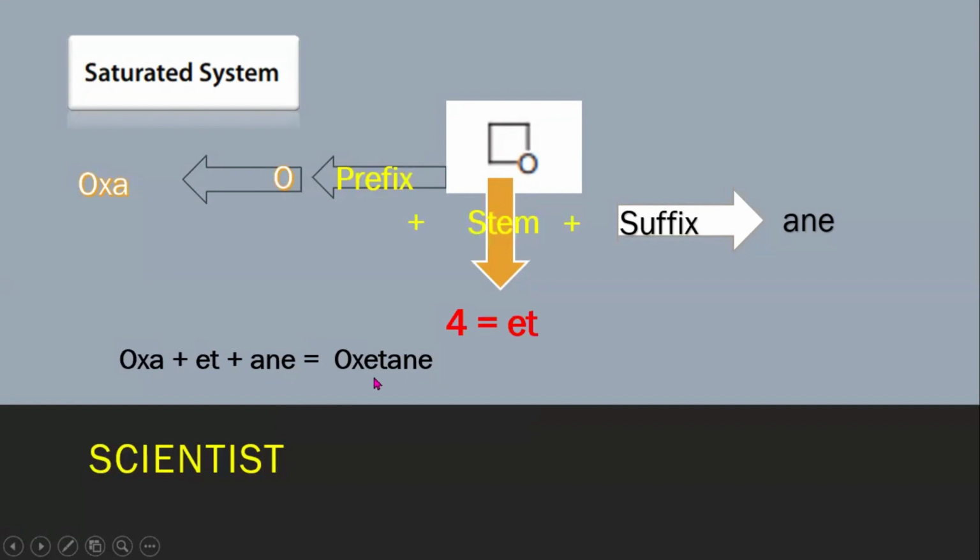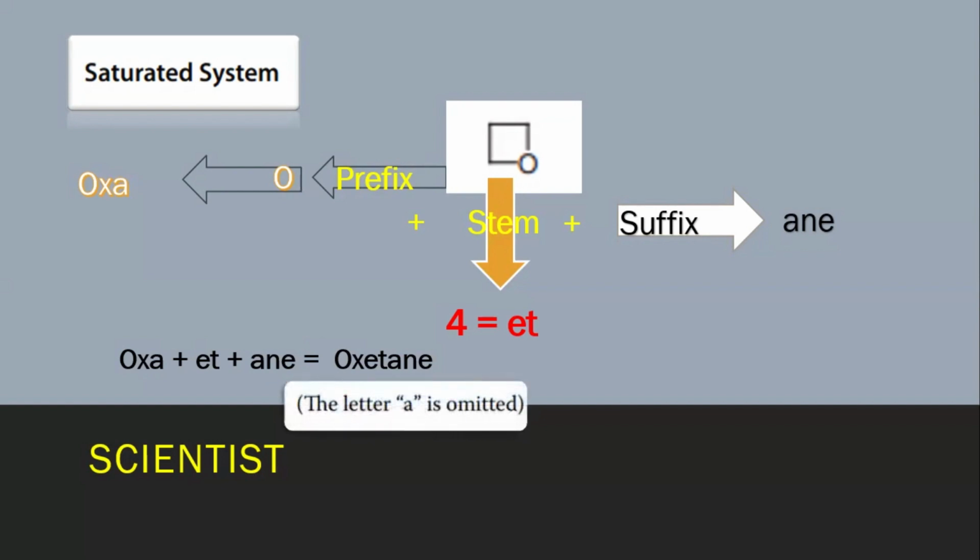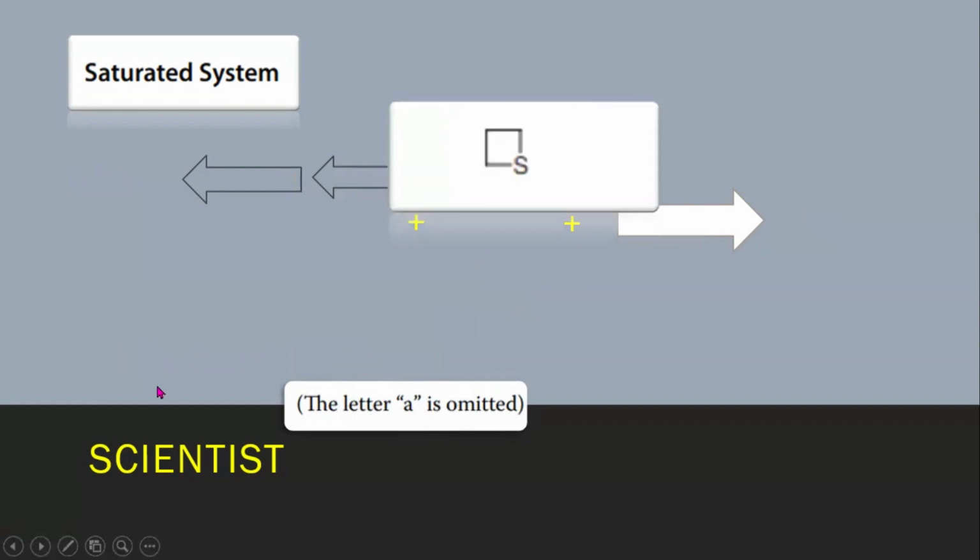Oxetane is a 4 member ring containing oxygen heterocyclic. As usual, a is removed from the oxa. Let's discuss another system: a 4 member ring containing sulfur. We should name it, prefix first.